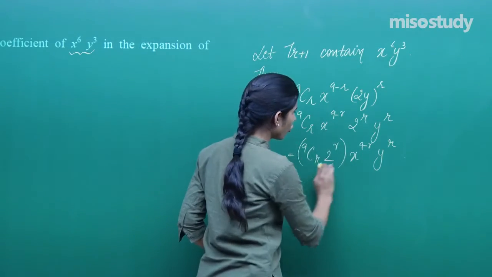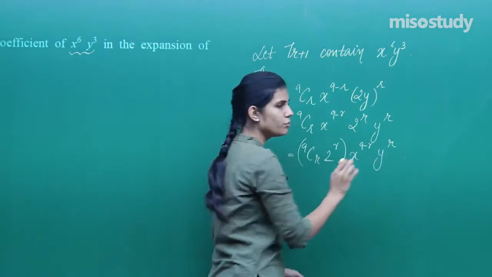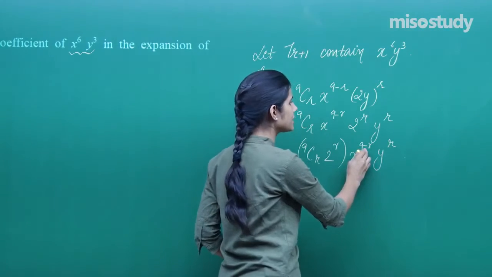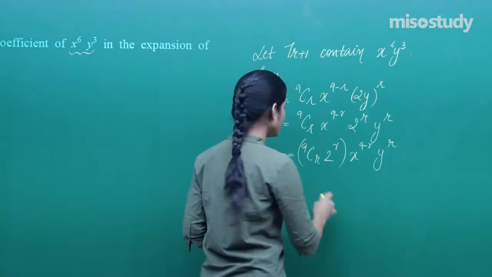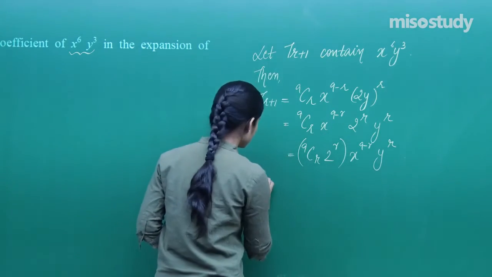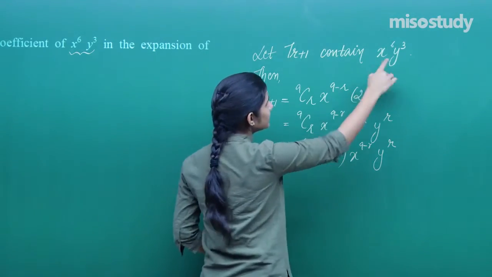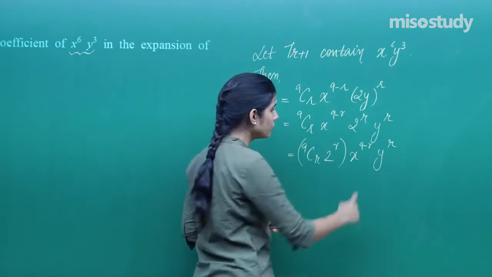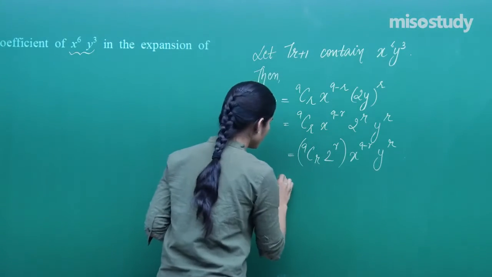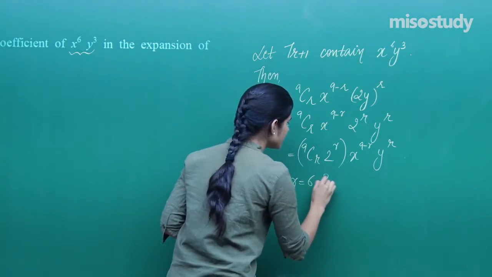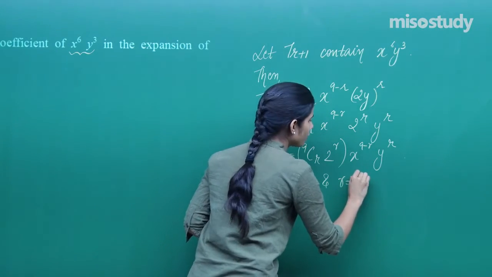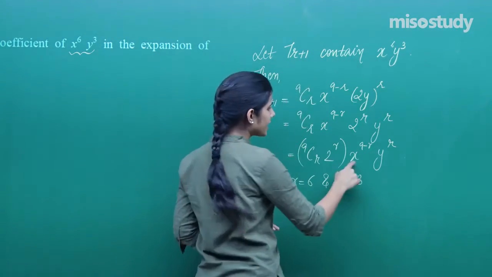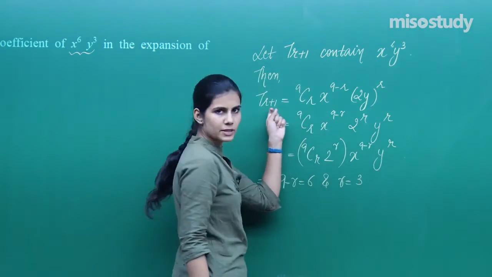This is going to be the coefficient of x^6 y^3 only when 9 - r is 6 and r is equal to 3. T(r+1) contains x^6 y^3, which means this is x^6 y^3 only when 9 - r is 6 and the power of y is 3, so that I get x^6 y^3 in the (r+1)th term.